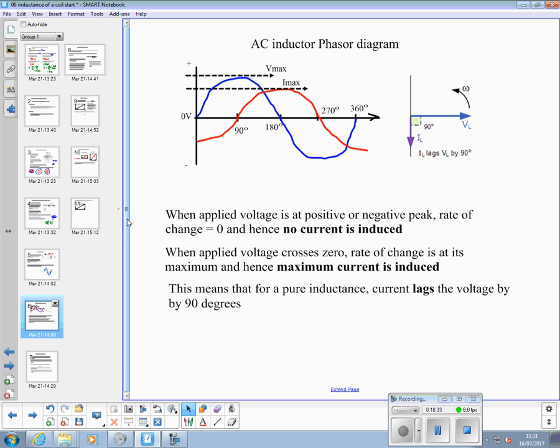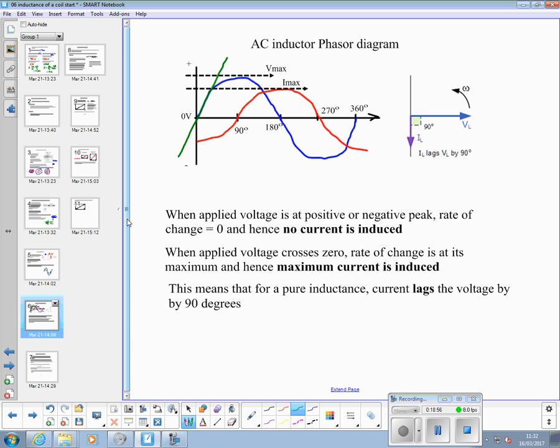As that rises, the current in the circuit's rising. It's rising at its fastest, remembering our stuff from calculus, the slope of this, the rate of change of voltage is biggest where it crosses zero. That slope is the biggest.